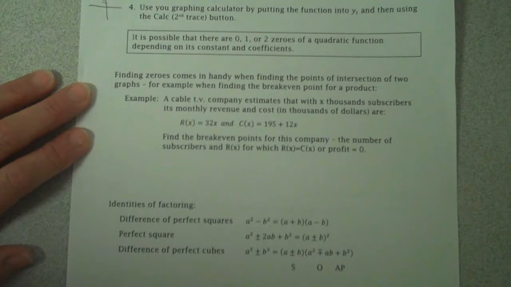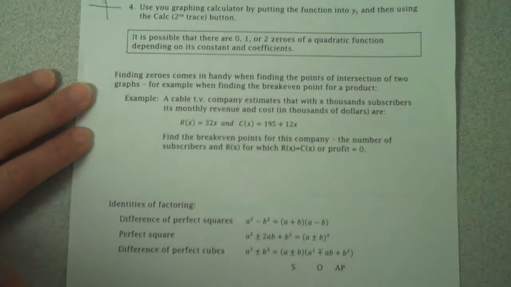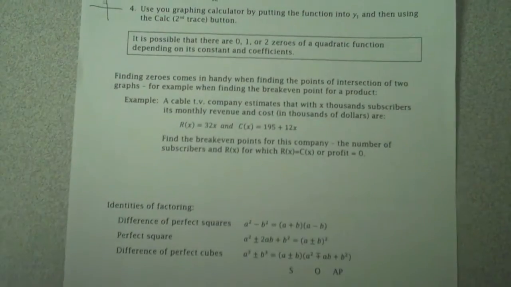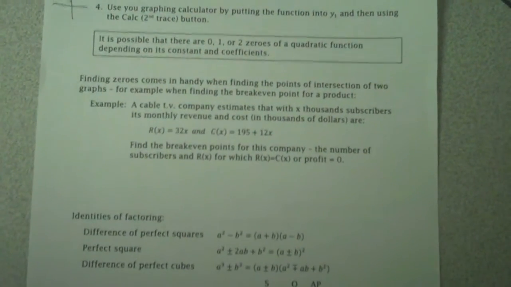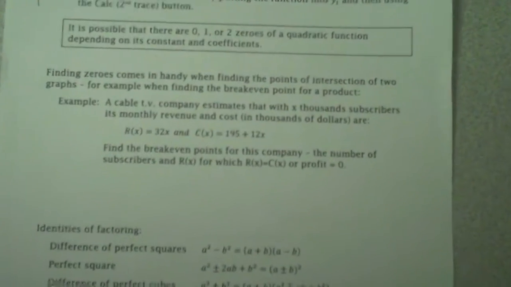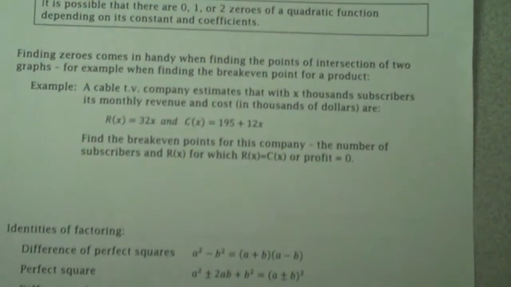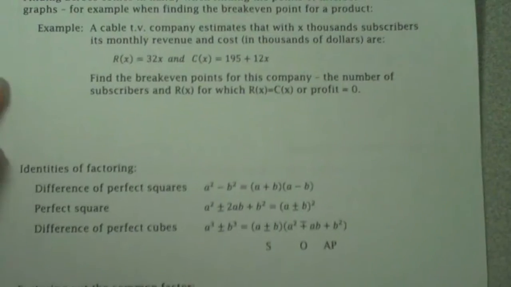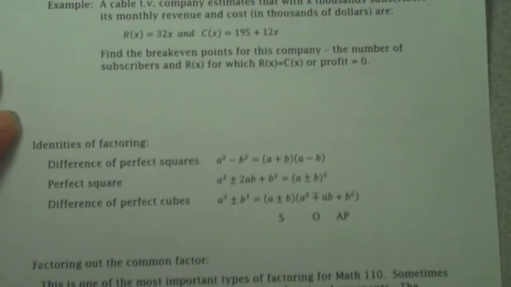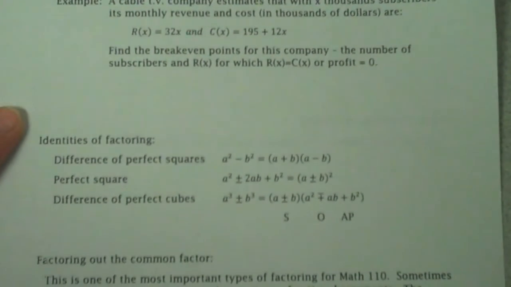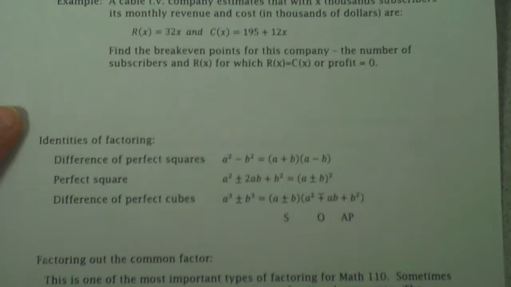So break-even points are points where our revenue and our cost have the same value, and that means that we would be making as much money on the product as it cost us to make the product. And that's sometimes a good place to know, like how long will it take me so that my revenue, the money I'm pulling in, matches the money I already put out in my production.